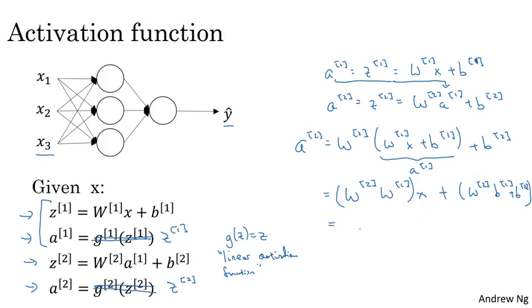So this is just, let's call this w prime and b prime. So this is just equal to w prime x plus b prime. If you were to use linear activation functions, or we could also call them identity activation functions, then the neural network is just outputting a linear function of the input.